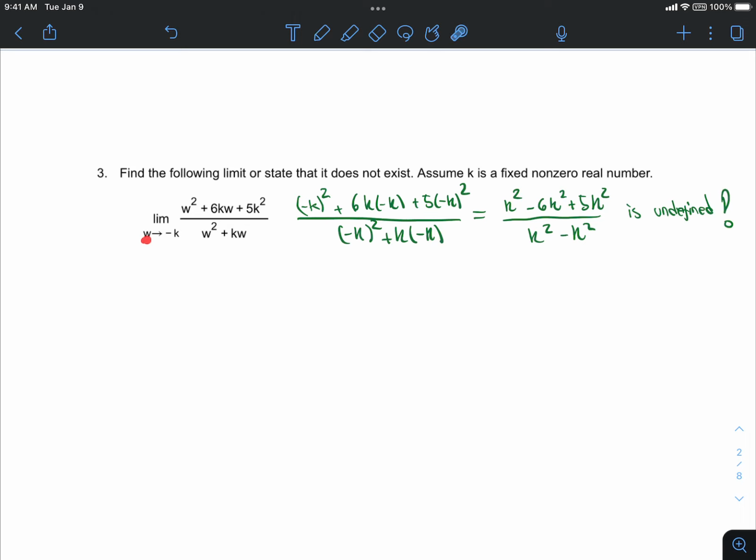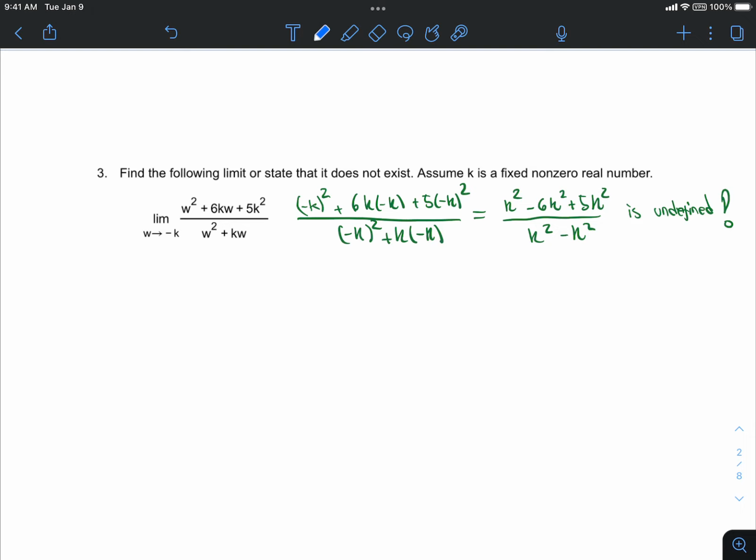As w gets closer and closer to minus k, the numerator gets smaller and smaller, but then the denominator also gets smaller and smaller. I can't tell which one is bigger. This is an indeterminate limit. Now I don't have to check this if I'm solving the problem, but just to illustrate, it's a good idea to at least check it out mentally in your mind, but you don't need to write that out every single time. But okay, how do I solve a problem like this?